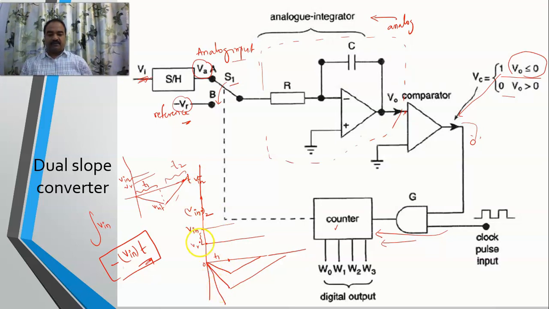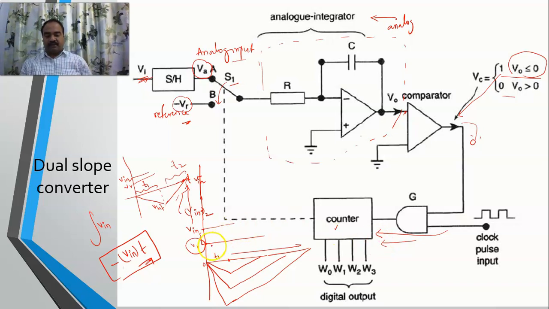This one doesn't change, so its slope remains the same, and only this slope varies because of the magnitude of V input. So the higher the value of V input, the time taken is going to increase, which means more pulses move into the counter.